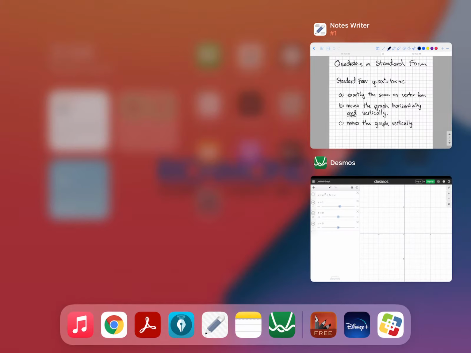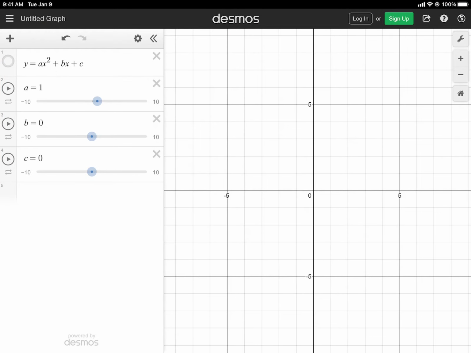So let's take a quick look at Desmos. Here's our graph, y equals ax squared plus bx plus c. Right now I've got a being 1 and b and c both being 0. So again, as I change a, the graph gets skinnier or wider and flips upside down. Not much new there.